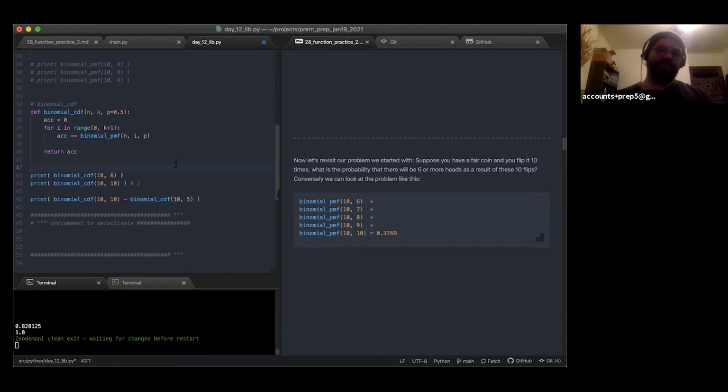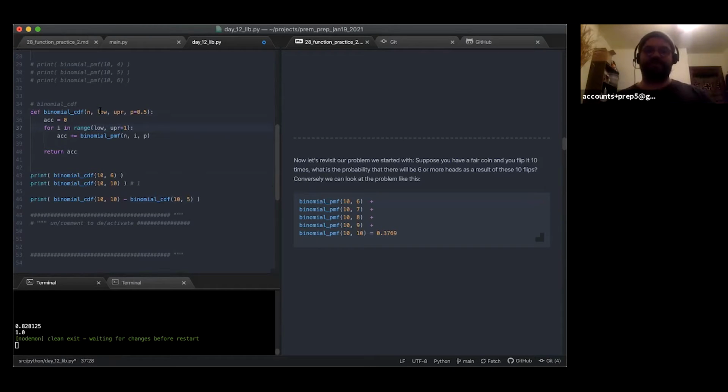When you're actually coding this out, you could do something like lower and upper, and plug these in as your ranges. And then you could have a CDF function that would take a lower and an upper bound.